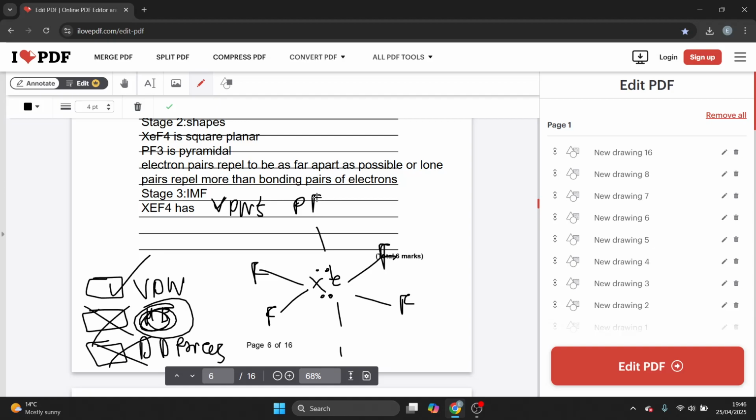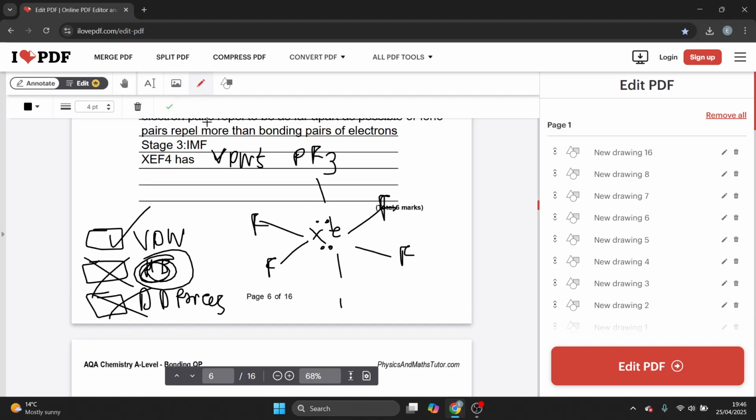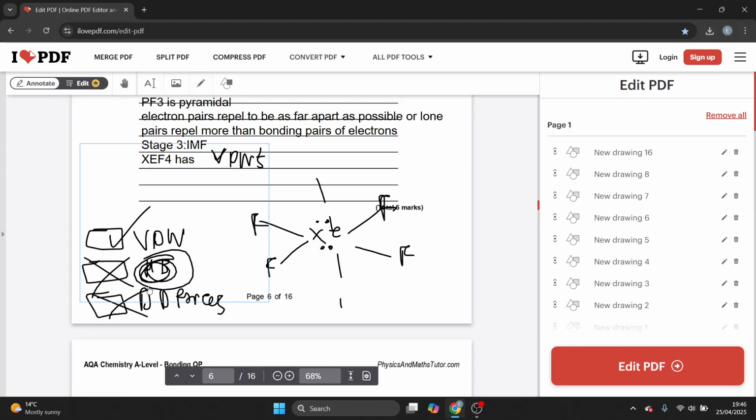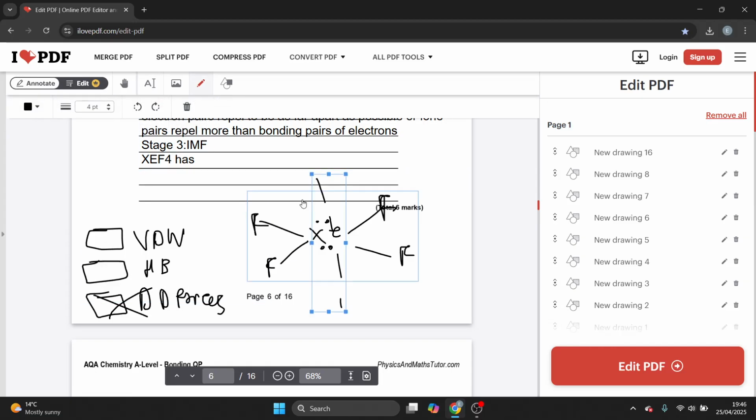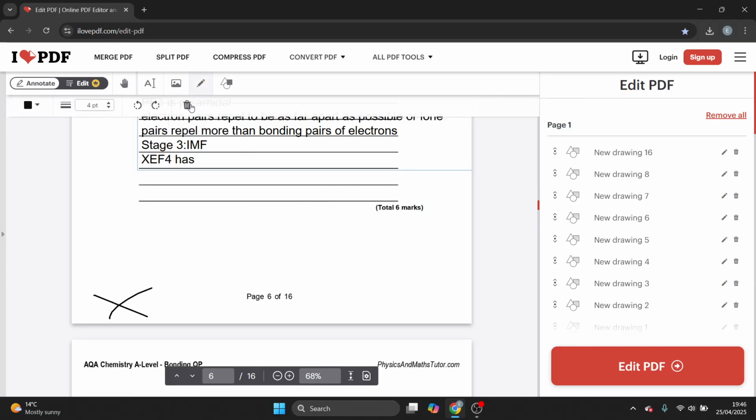And then PF3. Let's do the exact same thing for PF3. What we've decided is XeF4 has van der Waals forces.